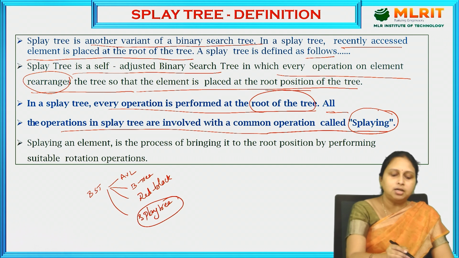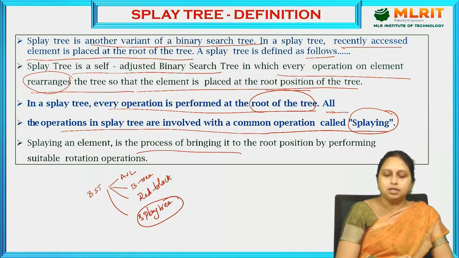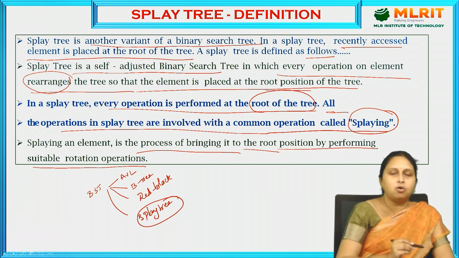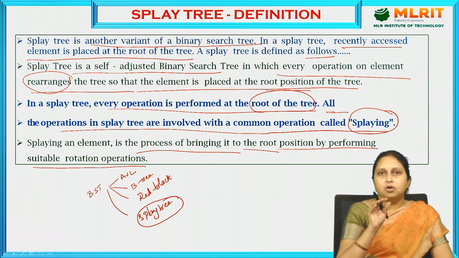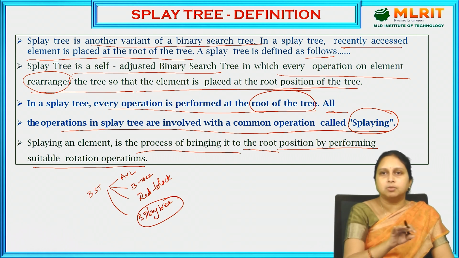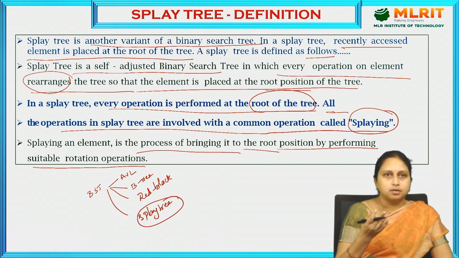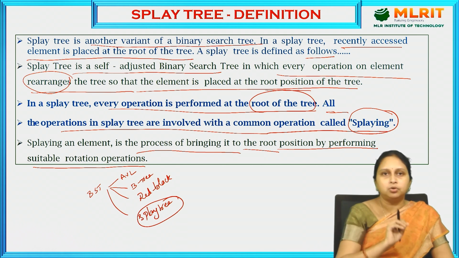Splaying is the process of bringing a particular element to the root position by performing suitable rotations or operations. To bring that element to the root position, we perform some rotations to get it there.